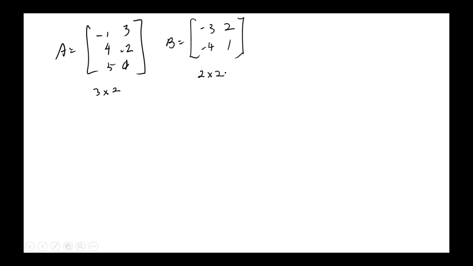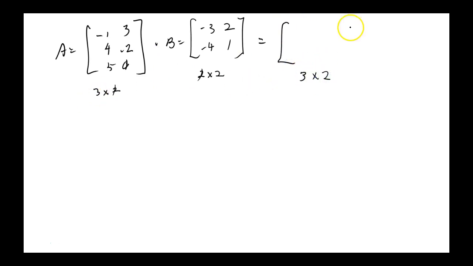So the first question I ask myself, can you even multiply these two? Yes, you can, because those two inner dimensions are the same. Same number of columns of A as rows in B. That's a requirement. Okay? Now, what is the size of your product? The product is going to be what's left, 3 by 2.